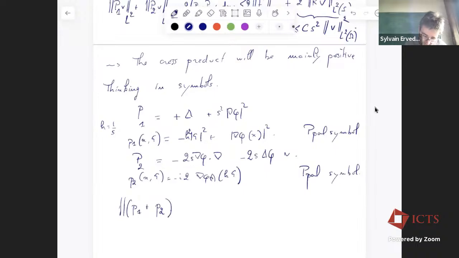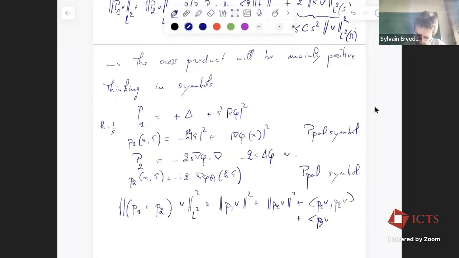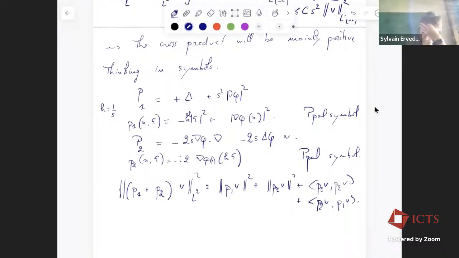P1 plus P2 of V, L2 square. This is P1V plus P2V plus the cross product. And the cross product, you see it's P1V, P2V plus P2V, P1V. And of course, one is skew-adjoint and the other one is self-adjoint, right?